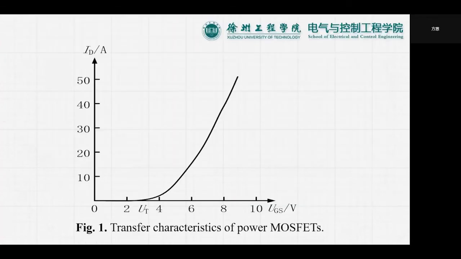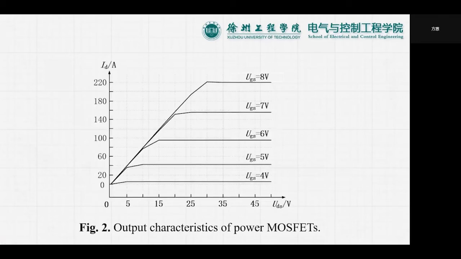The relationship between drain DC current and gate-source voltage (UGS) reflects the relationship between the input voltage and output current, also known as the transfer characteristics of MOSFETs, as shown in Figure 1. Figure 2 shows the drain current characteristics at different voltages UDS of power MOSFETs with different UGS, that is, the output characteristics.